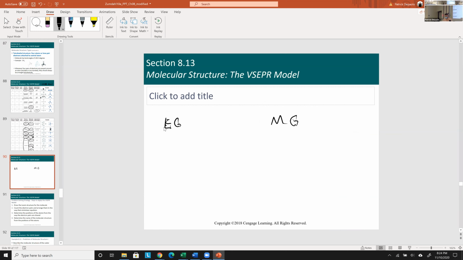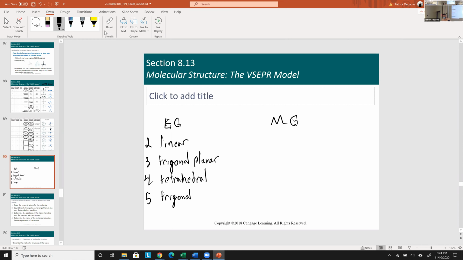The only terms you need to know for electron geometry are linear, which means there's 2 groups, trigonal planar, not pyramidal, which means there's 3 groups, tetrahedral, which means there's 4, trigonal bipyramidal, that means there's 5, and octahedral, that means there's 6.